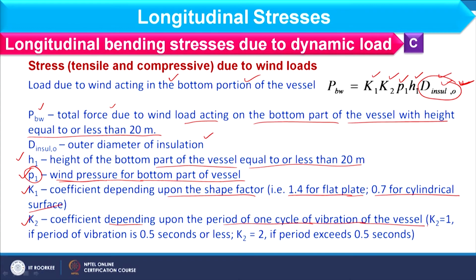So, that we should consider as a design coefficient, and in that case K2 should be 1 if the period of vibration is 0.5 seconds or less, and if the period of vibration exceeds 0.5 second, K2 should be 2. Okay. So, accordingly we can have total force which will be increased when we have a larger period of vibration. Okay. And how this period of vibration will be considered, that we will see.